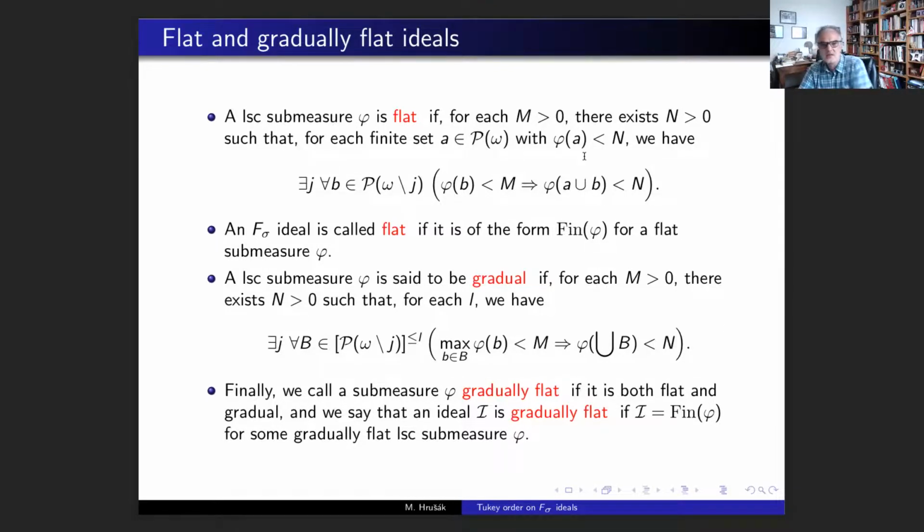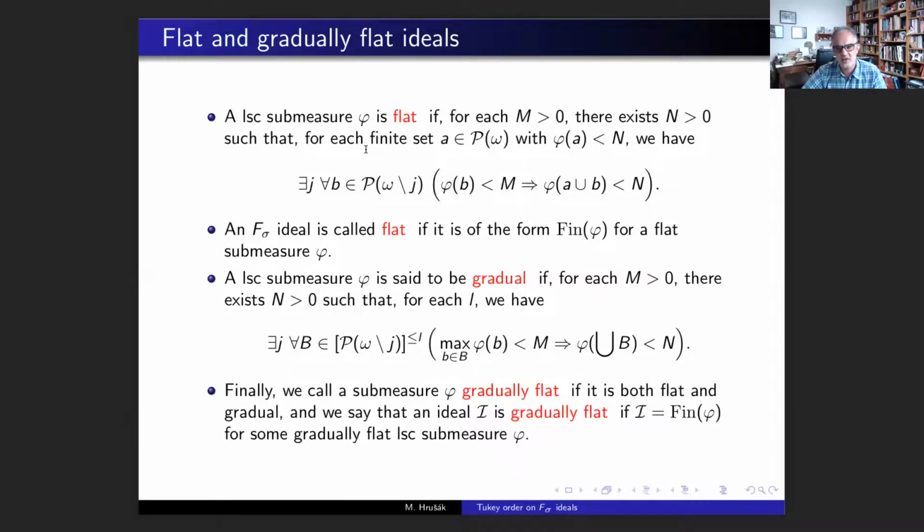We want to talk about ideals, but as I said, talking about F sigma ideals and talking about submeasures is the same thing. So I want to talk about two properties of these lower semi-continuous submeasures. The first one is flatness.